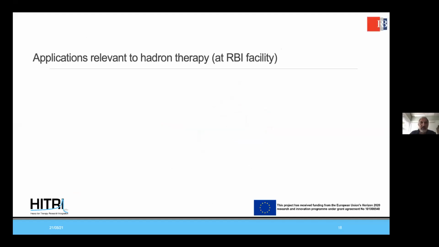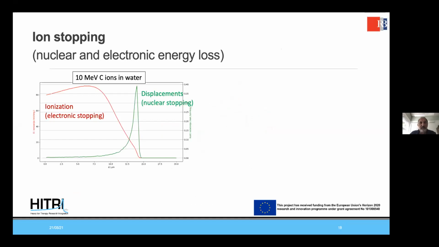Now I'll switch to some of the possible applications that we do that are relevant to hadron therapy at our facility. And as I said at the beginning, if we zoom in to the end of the range of a carbon beam of hundreds of MeV. So if we use, for instance, 10 MeV carbon, then we can distinguish the two peaks. The peak in nuclear stopping is actually the creation of damage in material.